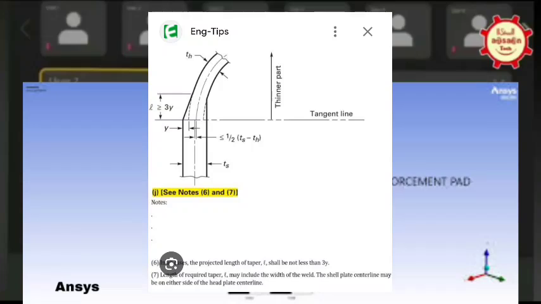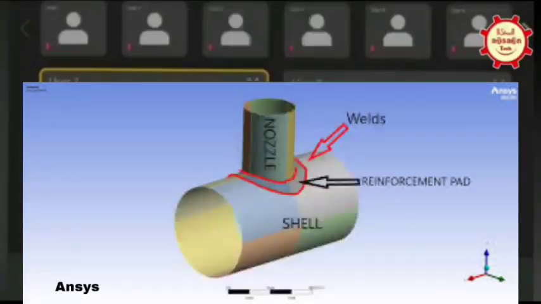We will provide a 1:3 taper, so there it is a structural discontinuity, meaning the shape is changing. So that point and your limit of reinforcement should not affect each other. There should be a gap, and there is a clear gap.